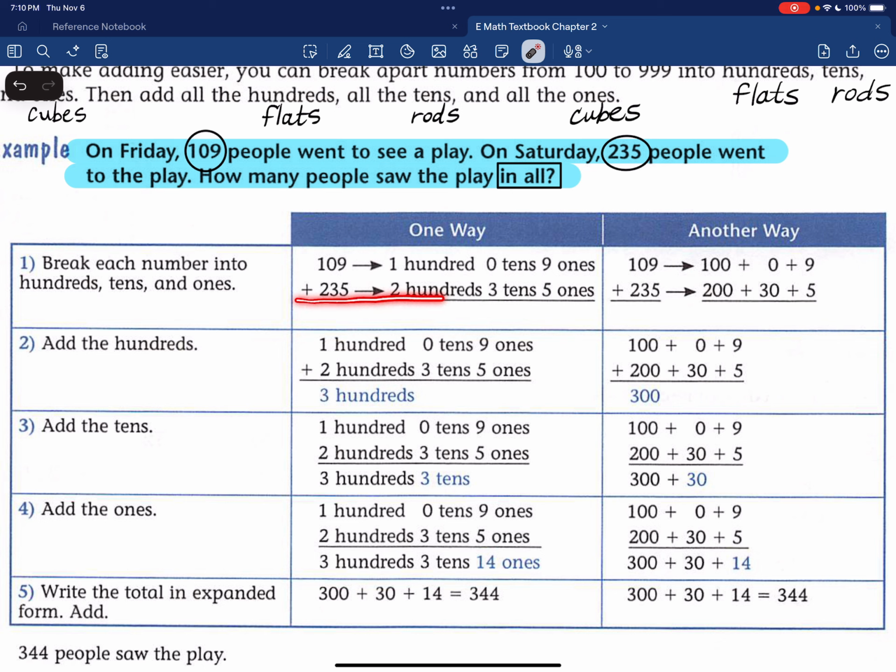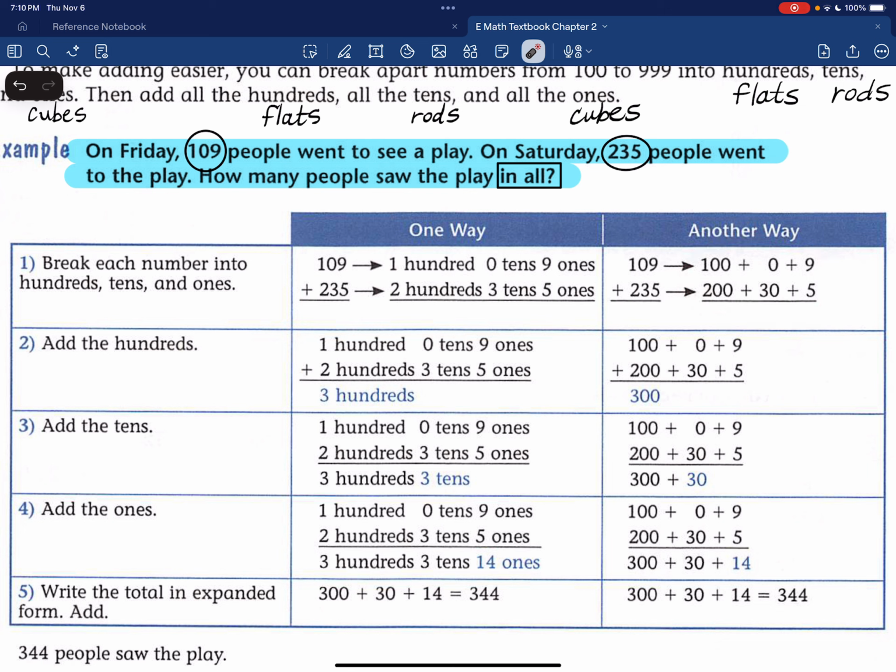And then 235 is 2 hundreds, 3 tens, and 5 ones. You can use words to do that, or you can use expanded form to do that. And that's just a little bit faster. You don't have to write as much.